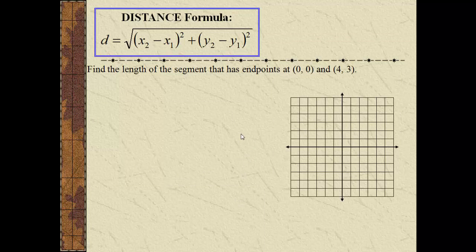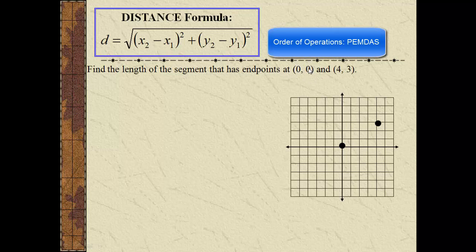So let's try using the distance formula. Find the length of a segment that has the endpoints at 0, 0 and 4, 3. So 0, 0 is going to be my x1, y1. 4, 3 is going to be my x2, y2.